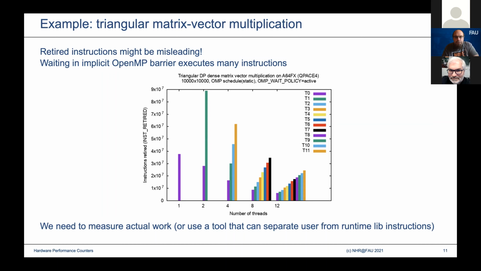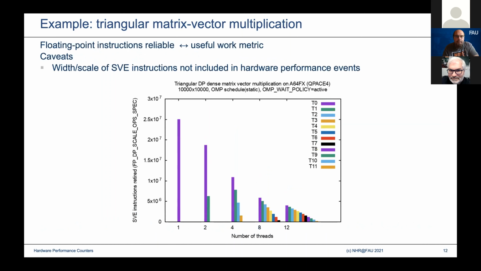So what we should always do is to measure the actual work, which is in that case floating point operations. If we do that, we see that the first thread is always doing most of the work, while the last thread is doing only a tiny fraction of it, simply caused by the triangular matrix.